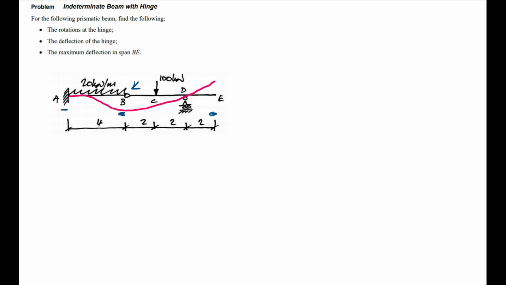That means the moment at member AB cannot transfer to member BE. So, the moment at B is equal to 0. To proceed to calculate the reactions, we consider each member separately initially.